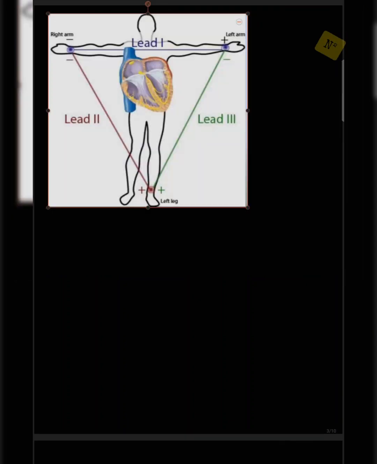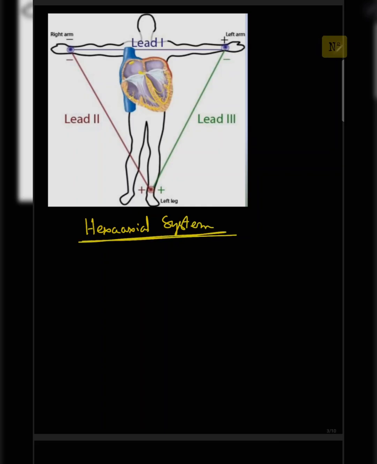Now let's learn about the hexaaxial system. This is a system which uses a 6-axis quadrant, or graphical representation.